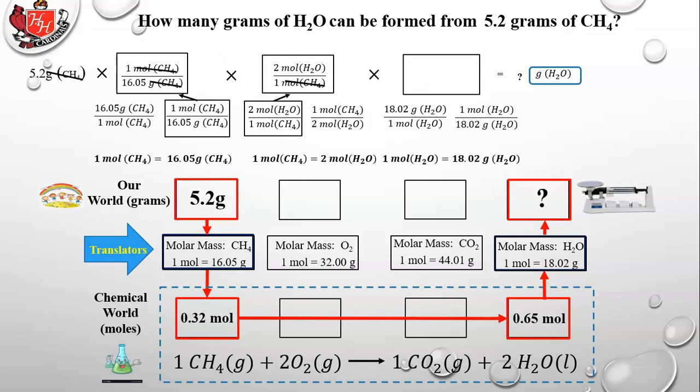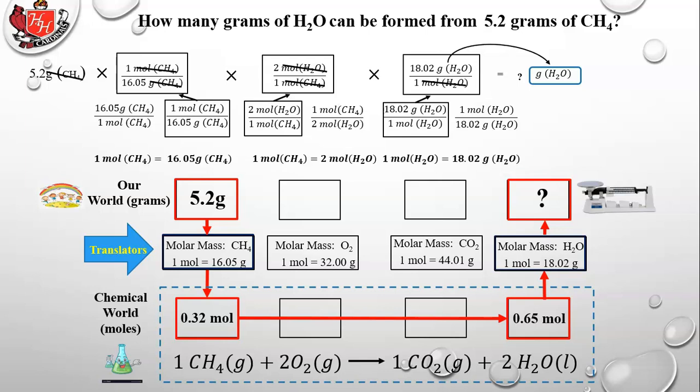Well, it's going to be this one for two reasons. There it goes. The first is moles of H2O cancels with moles of H2O. But also, since this is our final conversion factor, you need the grams of H2O to appear in the final answer, and they do. They match up. If those two were not the same, you would have set the problem up wrong. So now we set the problem up right.